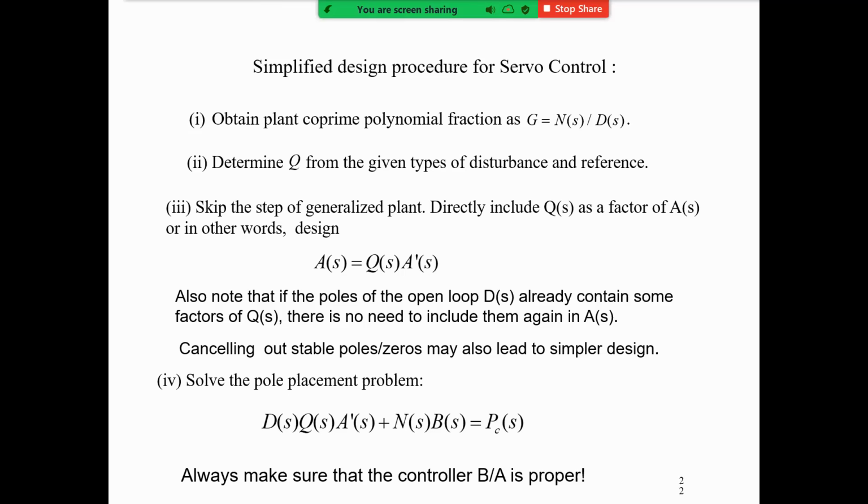But since PID is a classical controller that you have learned, I will accept that as a correct answer. But for other controllers, it has to be proper. All right, any questions?